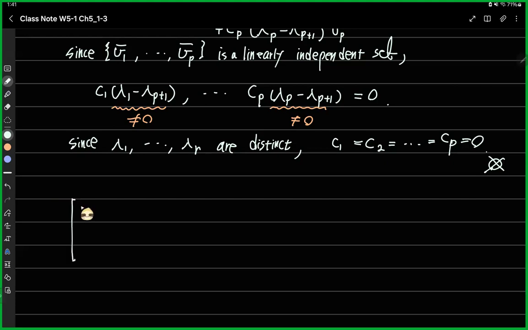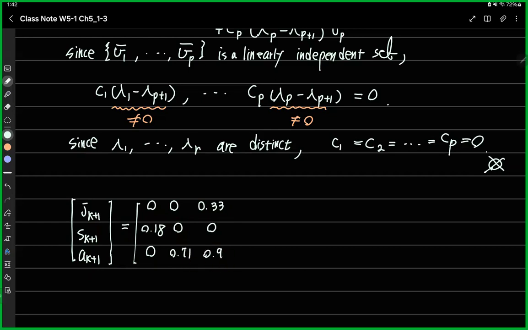Remember the introduction here, jk plus 1, sk plus 1, and ak plus 1. This represents the number of owls in juvenile, sub-adult, and adult stages, right? In the k plus 1th year can be modeled by the matrix 0, 0, 0.33, 0.18, 0, 0, 0, 0.71, 0.94, times jk, sk, and ak.